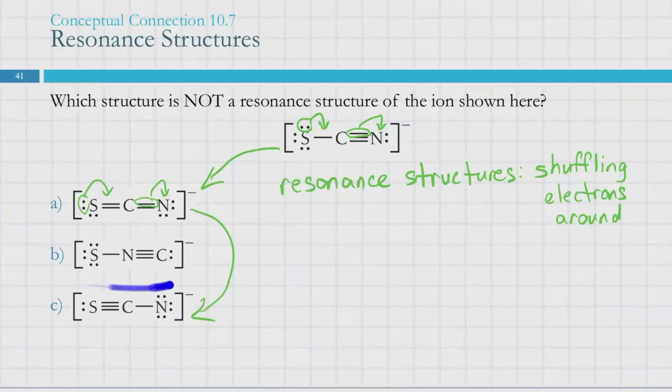How would we get to B? What's changed? Yeah, we would have to move the nitrogen and the carbon, so those cannot be resonance structures. We've actually changed the chemical. I think those have different names. Circle that one because it is the different one.